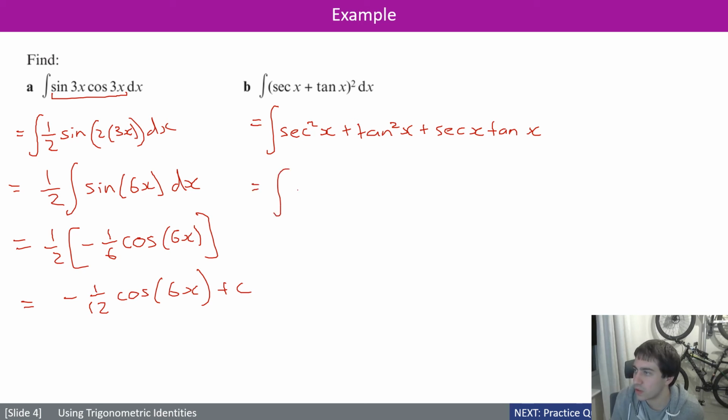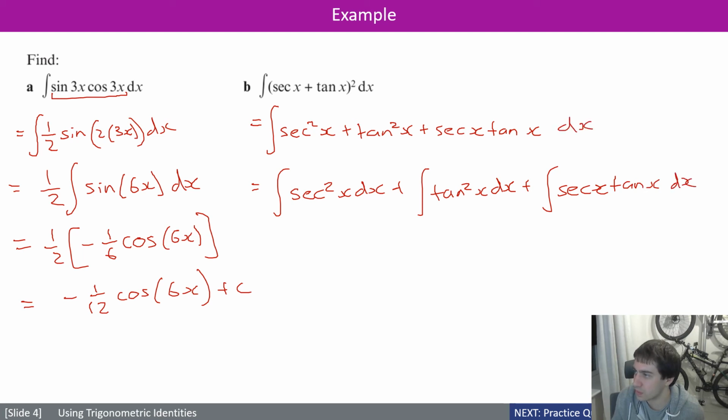So we've got the integral of sec squared x, tan squared x, and sec tan. And the integral of sec squared is just going to be, oh hang on, have I missed something here? No, I don't think so. So integral of sec squared is tan x.